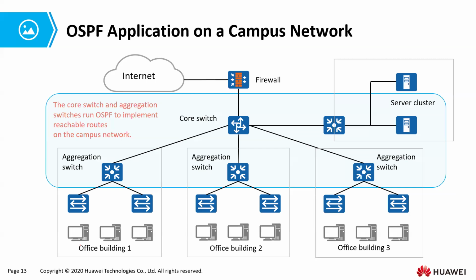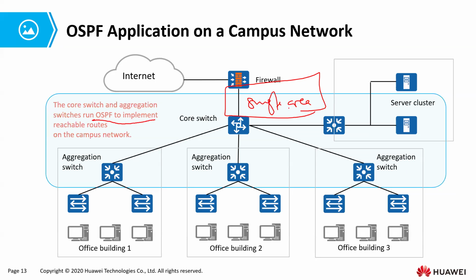There we have an example of a campus network, probably going to use OSPF to implement reachable routes. As we can see, I think this is a single-area OSPF, or the routers are in a single area.